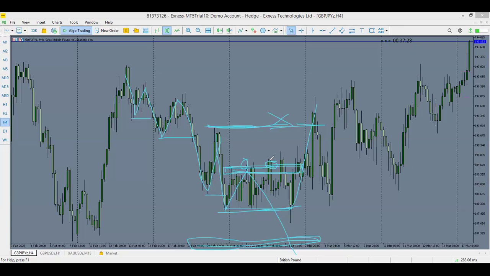Even if you get stopped out, it's still okay, because you're using proper risk management. And you have your stop loss at a nice, convenient place, so that once price gets to that level, you're no longer interested in a sell in this case. Okay, I hope that helps.